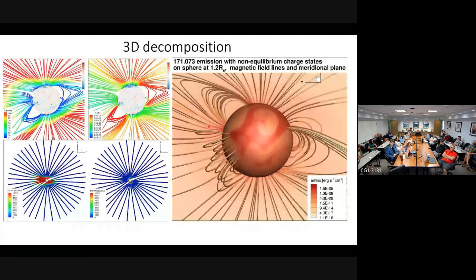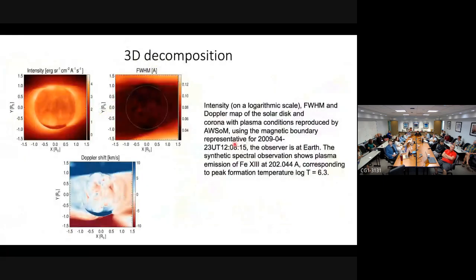Like this one, you see that the strongest emission is actually coming from behind the plane of sky, or on the top, etc. This is an integrated intensity image, this is the width of the line, and this is the Doppler map.